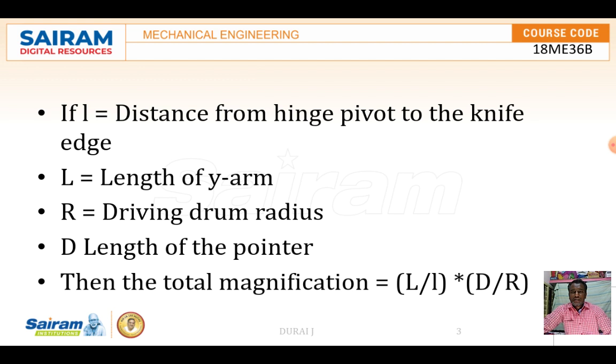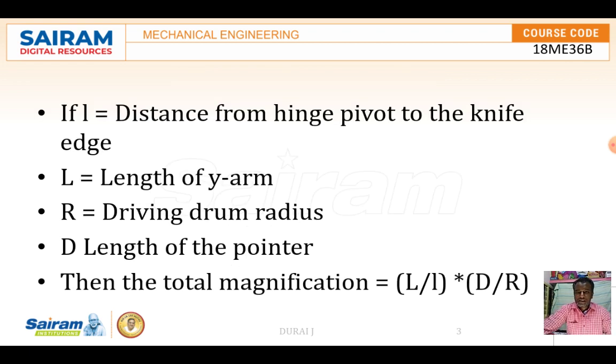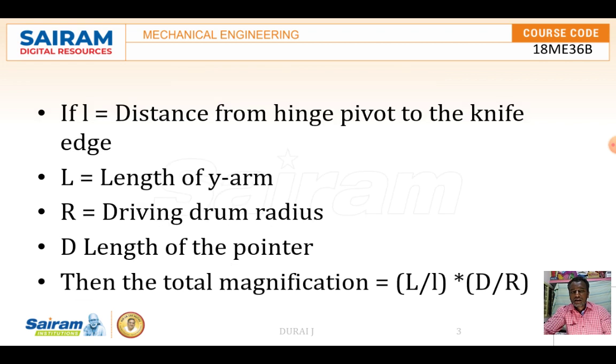Here l is the distance from the pivot to the knife edge. L is the length of the Y-arm from the moving block.